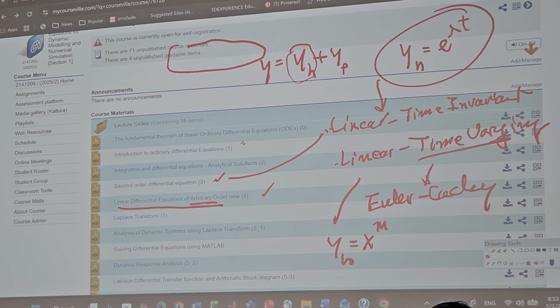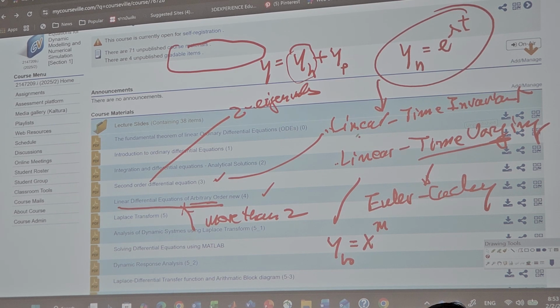Only in second order we have two eigenvalues, but this one has more than two eigenvalues. The rest, the methods are the same.